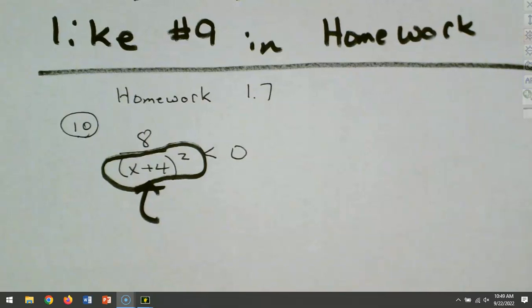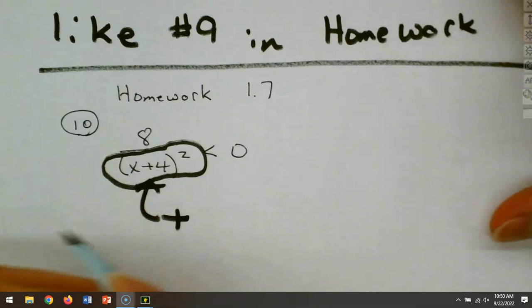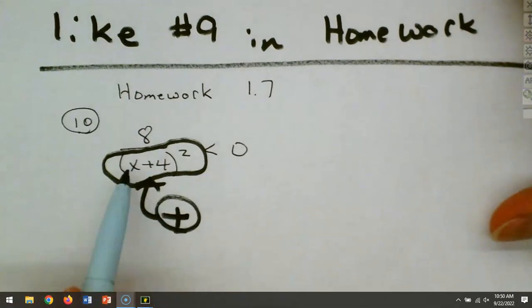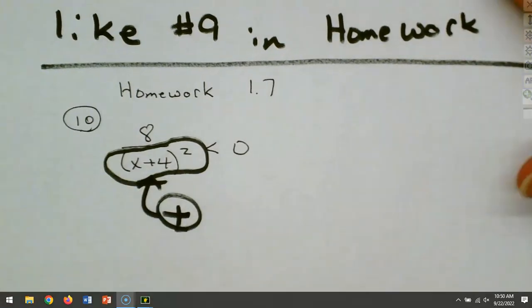When you take an absolute value of a number, what does it come out to be? Absolute value is either positive or what? 0. Squares work the same, because when you square a negative, what does it become? Positive. So what do we know here? We know that this part must be positive, right? So, what does this make our answer then?